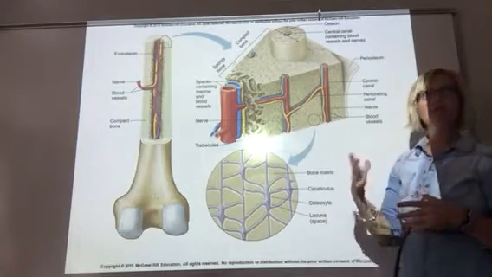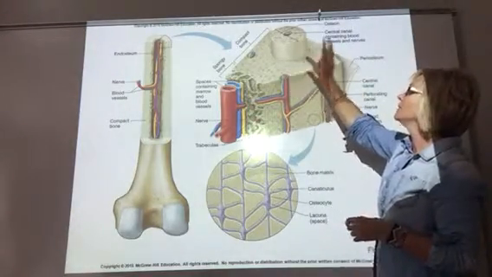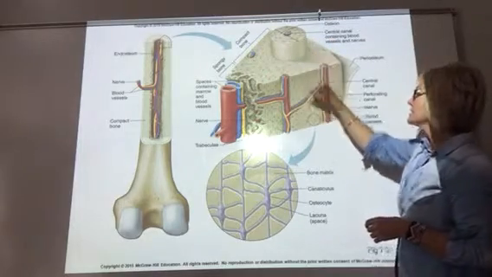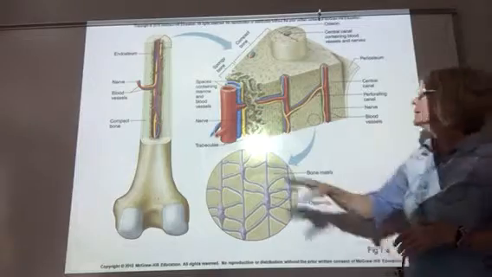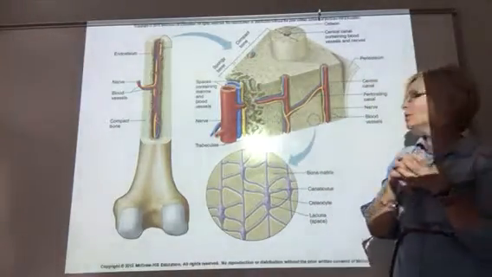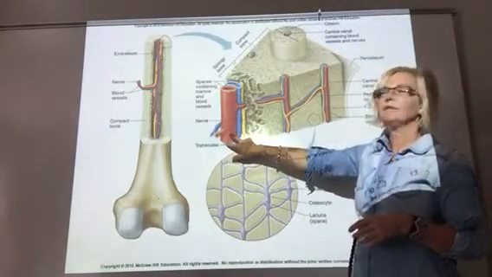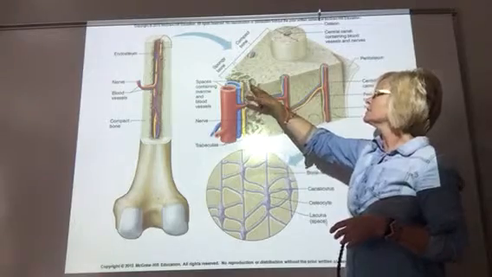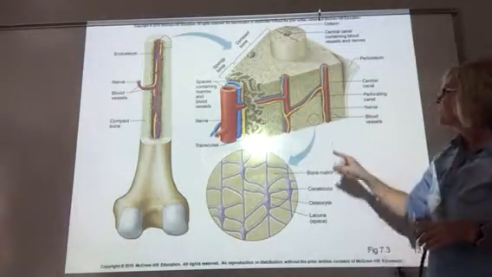So if we're looking at a long bone, this compact bone is filled with osteons that have blood vessels running through the center of them. In the center of the entire bone is the medullary cavity. Then I'm going to have a little bit of spongy bone before it becomes compact bone.